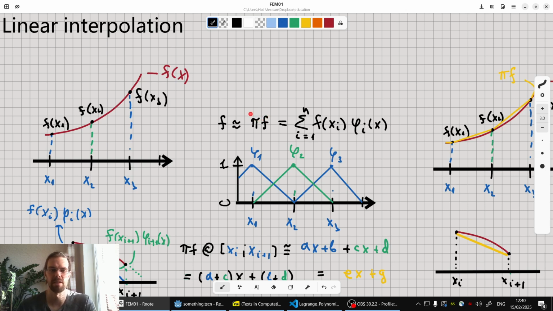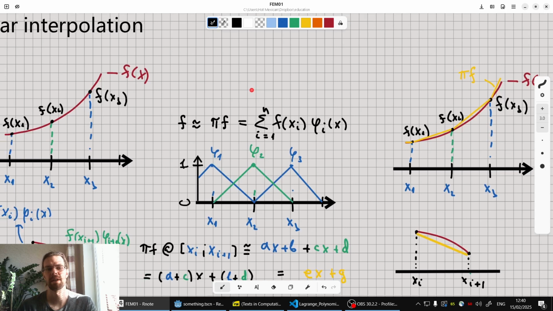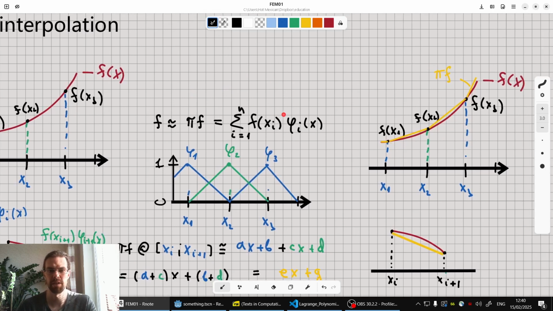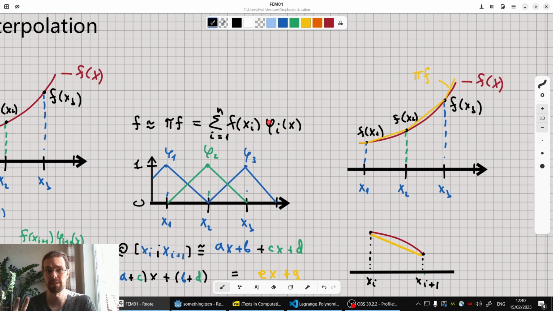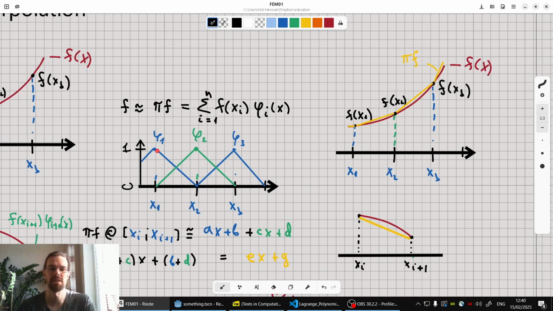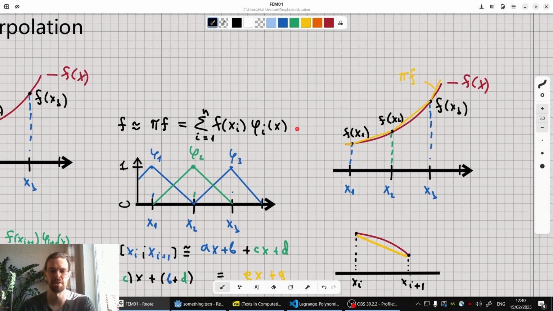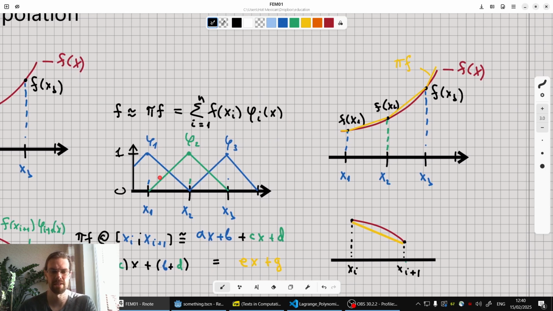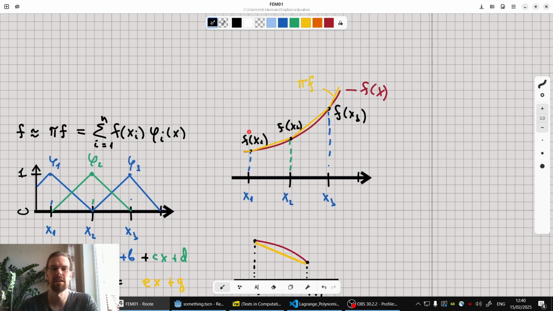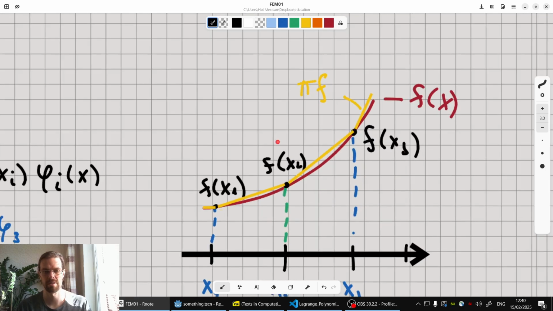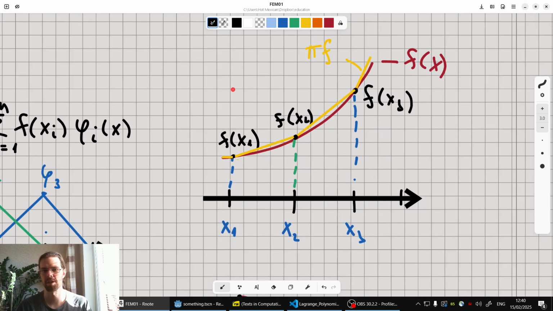This P is an operator, and the idea is that we can write this interpolation of f as a linear combination of basis functions phi, which may be different, but in our simple case are hat functions, so they are piecewise linear. And what we should get is this kind of approximation.